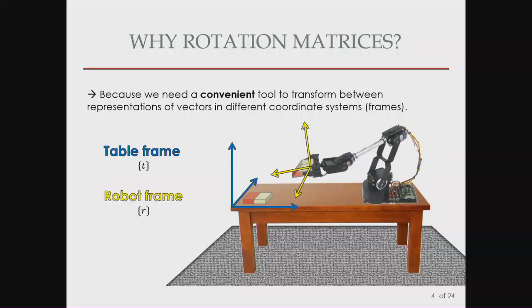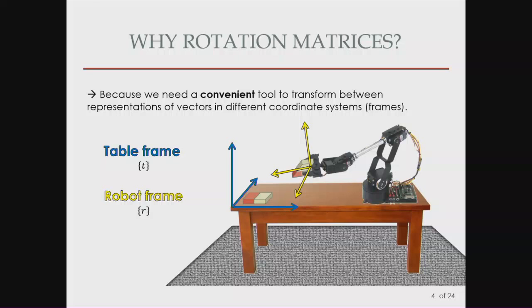Let me just recap a little bit the motivation behind what we are doing. We are going to work a lot with vectors in this semester, not just position vectors, could be angular velocities, which are also vectors.